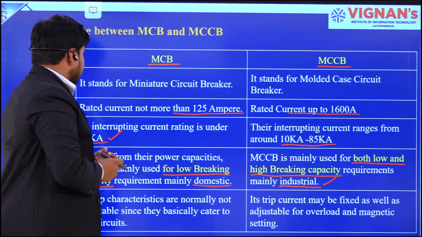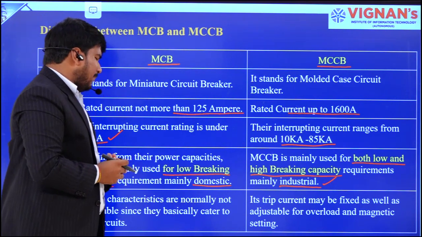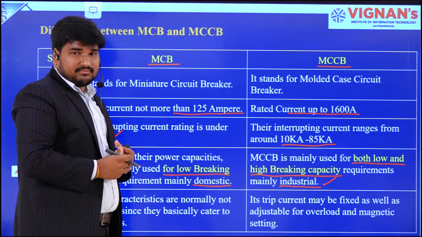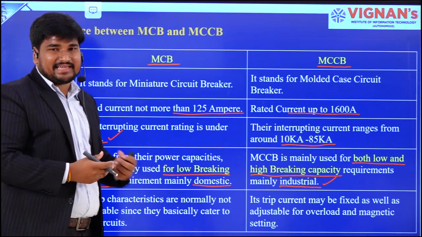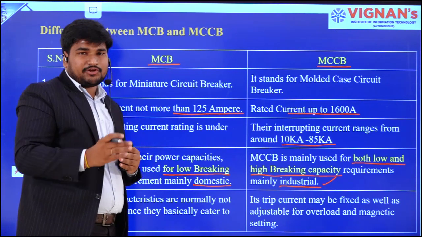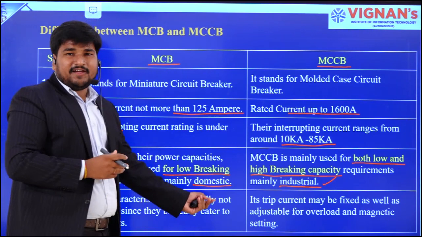If you observe the next difference, the trip characteristics are normally not adjustable in case of MCB. That means if you design a miniature circuit breaker for one current limit, it will be fixed.